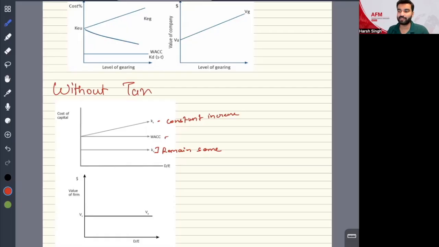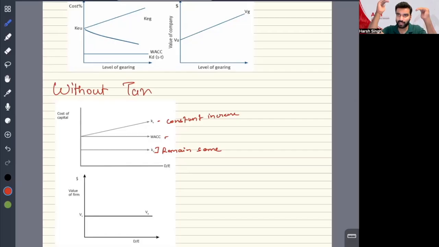Listen very carefully, everyone. When you are inducing more debt, your cost of capital is going down, right? But what is happening? Your cost of equity is going up. Why? Because of the risk and other factors. Now, let's say your cost of debt is going down by 5%, your cost of equity is going up by 5%.